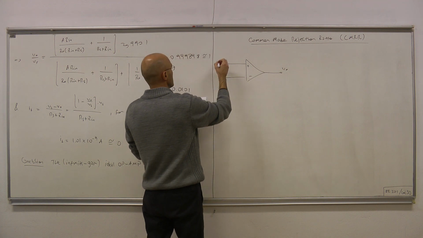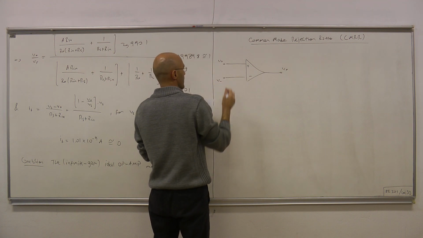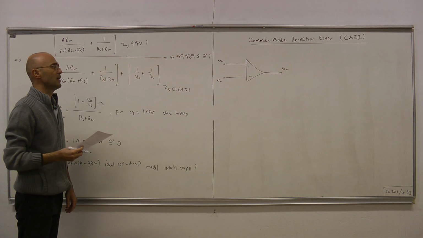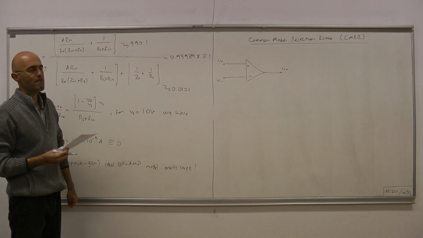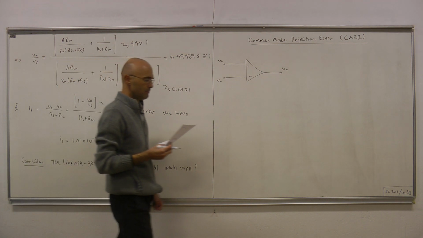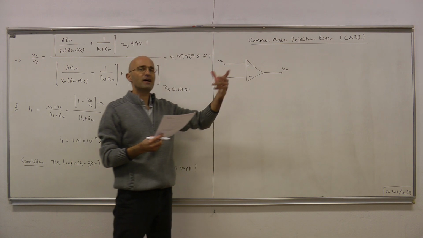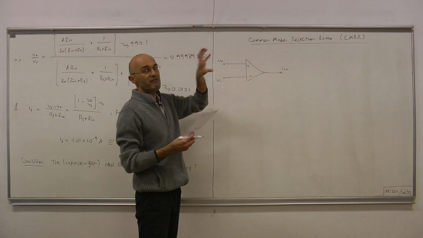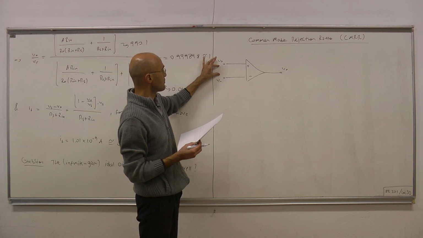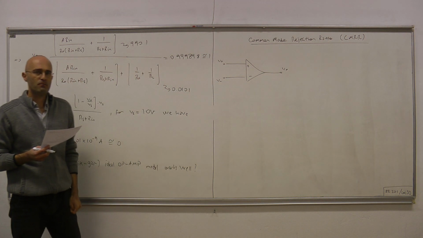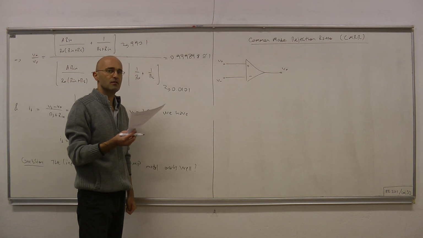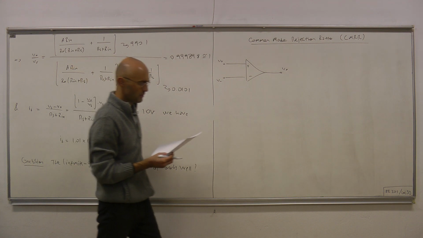This is V out. Here we have V plus, and here we have V minus. Now with our finite gain model, the output voltage we set equals some very high gain times the difference between those two voltages, V plus and V minus, provided that the op-amp is in a linear region.